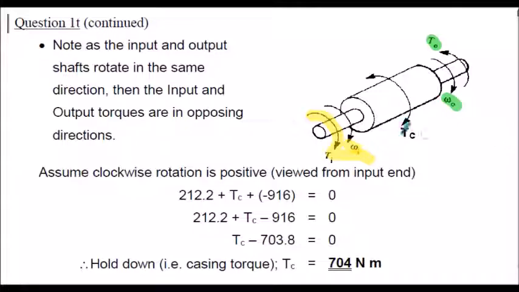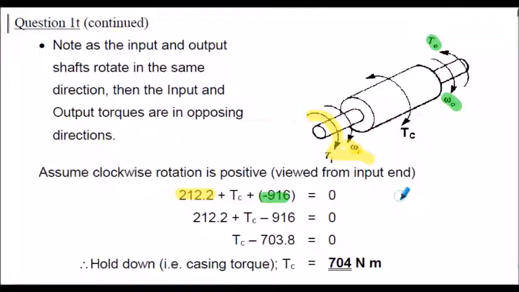So in this particular case, putting the equation down, Ti plus Tc plus To, we need to be careful with the signs. If Ti is considered positive, so positive in the clockwise direction, 212.2 is the input torque, the output torque in this case will then be a negative value, negative 916.